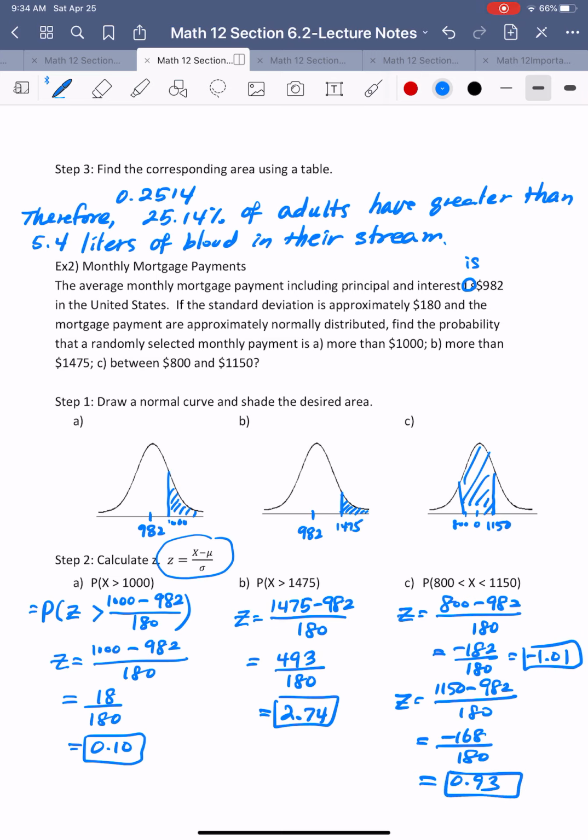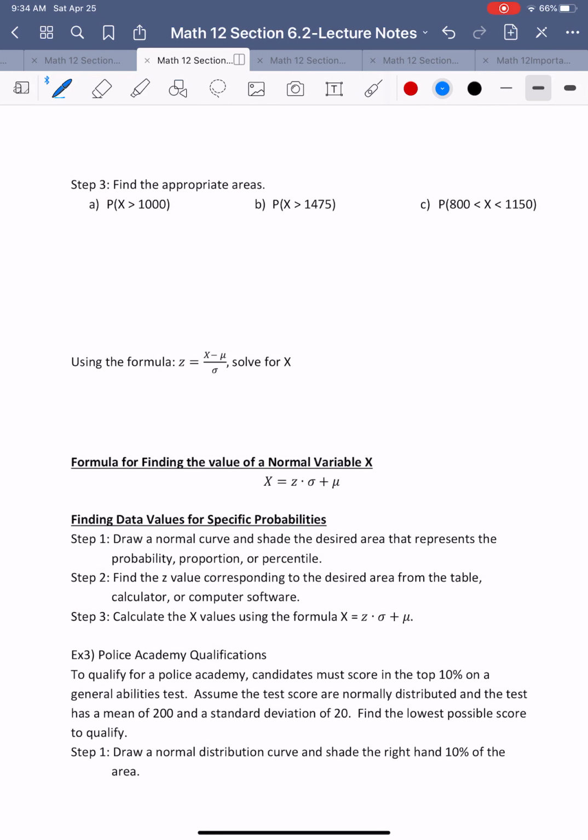All right, so now find the appropriate area. So now I use the P of z we converted as 0.10. To find the area greater than z, we have to use 1 minus P of z less than 0.10, which becomes 1 minus 0.5398, that is 0.4602.